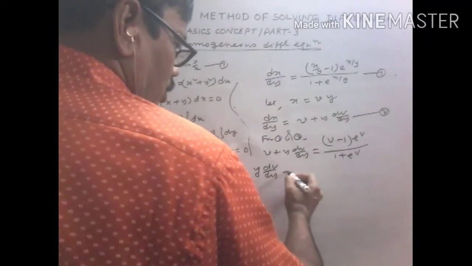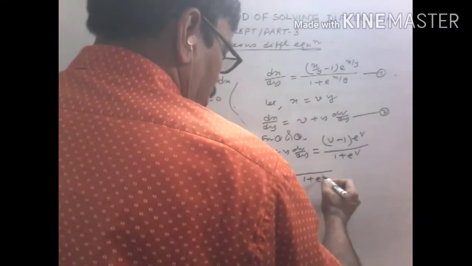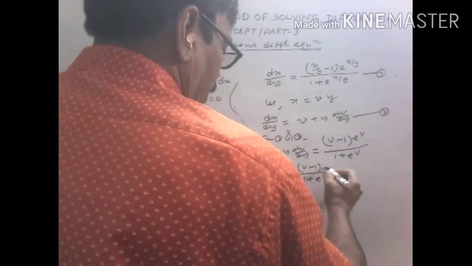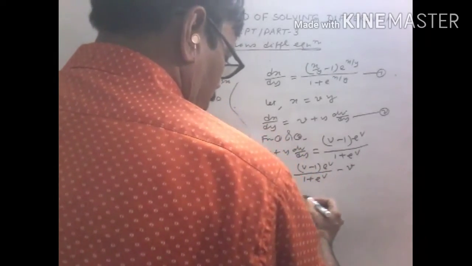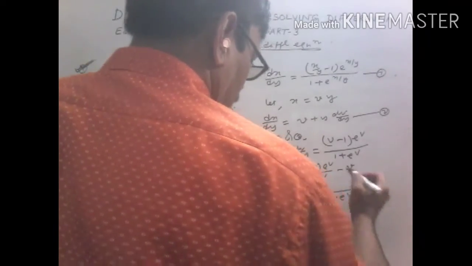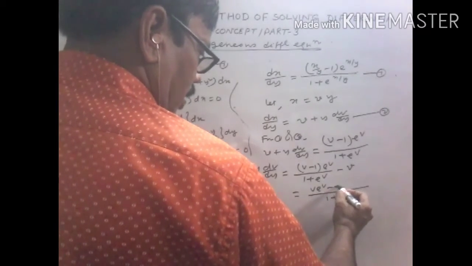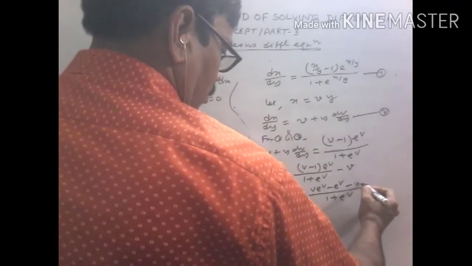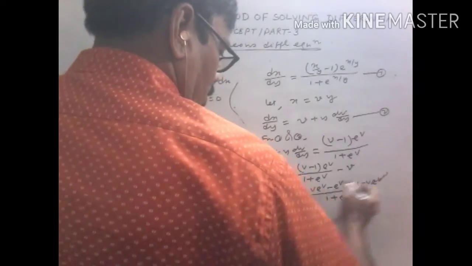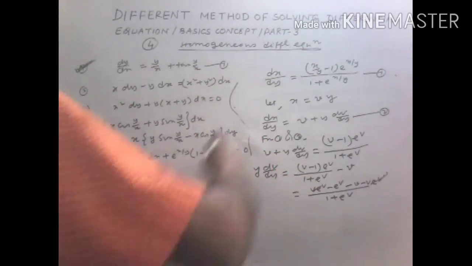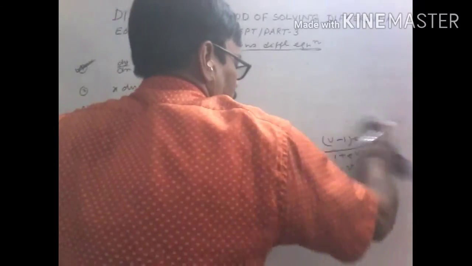So y dv/dy, transfer v to the right hand side. Separation of variables is used in each step. So v + v e^v − e^v − v − v e^v, so v e^v is cancelled out.